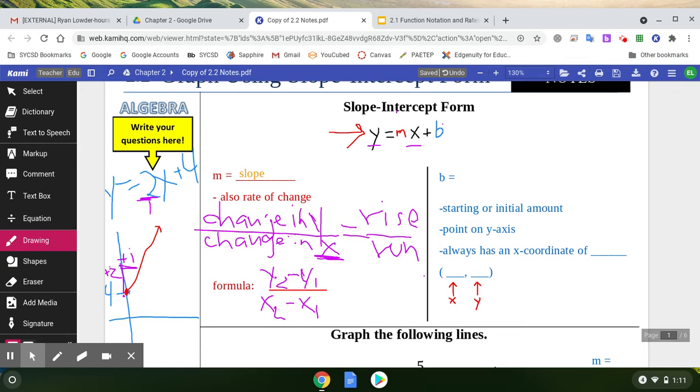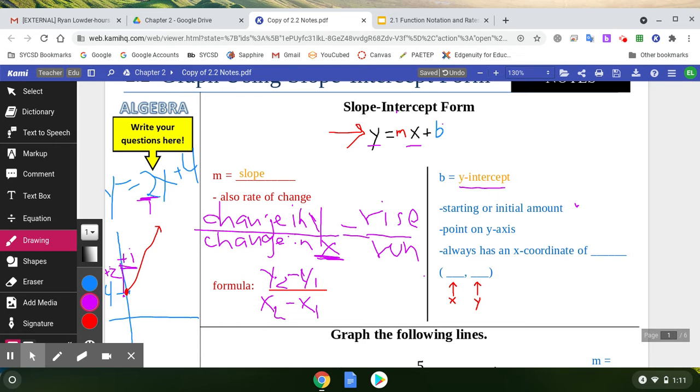So our rate of change, aka our slope, is one thing that defines the line itself. The second thing is the y-intercept, and that is denoted by the letter b. So we refer to this as our starting or our initial amount. Just like in the previous pattern, case 0 had a starting number of squares of 4.